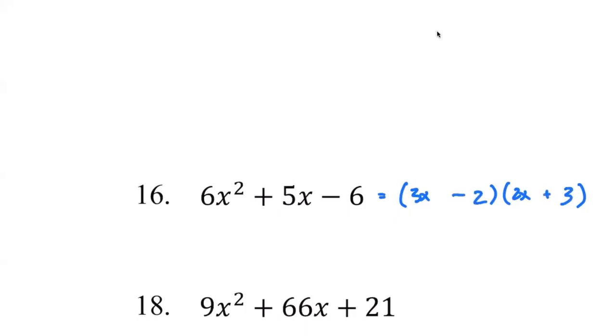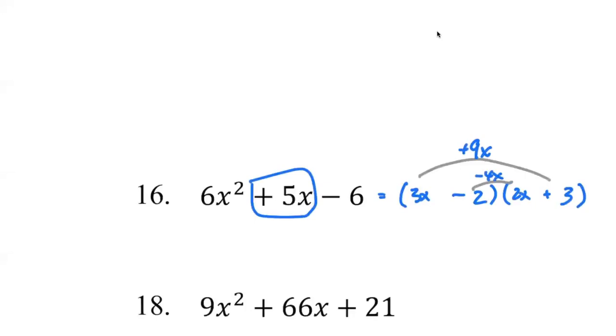And how do you know? I'm actually just trying, but because I tried a lot already back in my days, I'm pretty good at trying stuff out. So we get plus 9x and then minus 4x, which gets you plus 5x, okay?